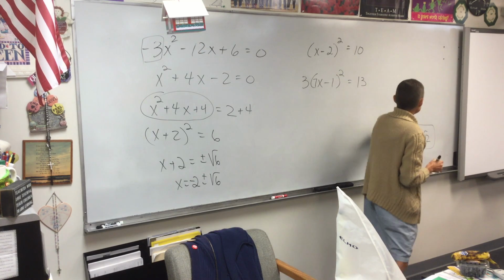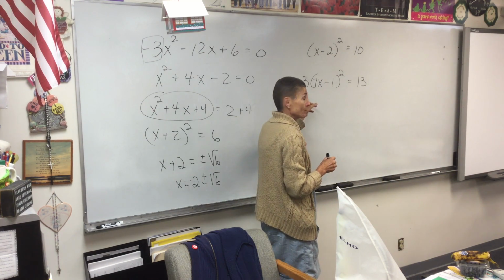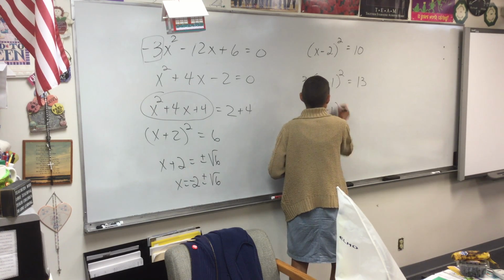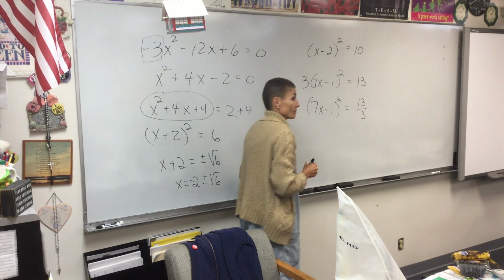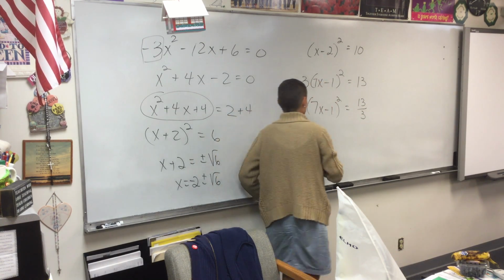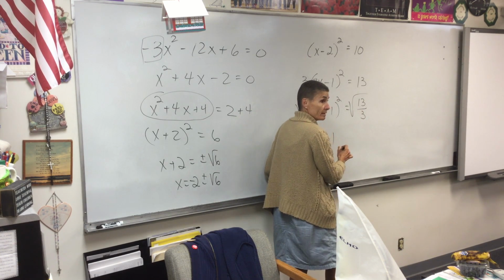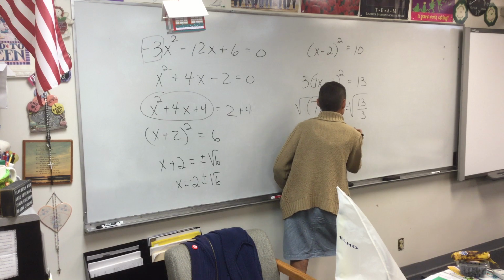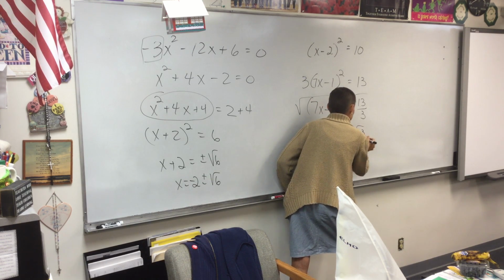Could you do the same thing if you divided both sides by the 3 first? So you'd have 7x minus 1 squared equal to 13/3. And then you would square root both sides. So you'd have 7x minus 1 equals plus or minus root 13/3.